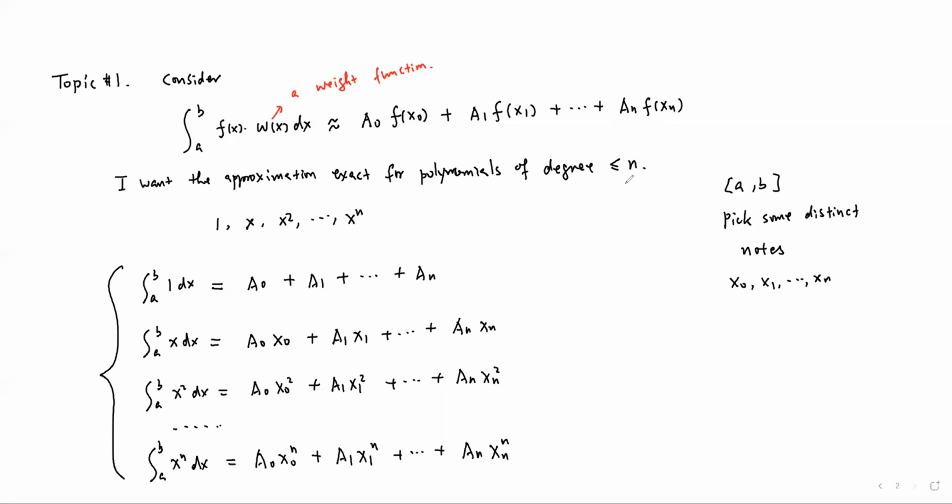As an illustration, let me show you 2 examples. Take a look at the following 2 examples. Example 1. I want a formula for this integral, from 0 to 1, of f, where the weight function is equal to 1. This is an approximation, not an equation.